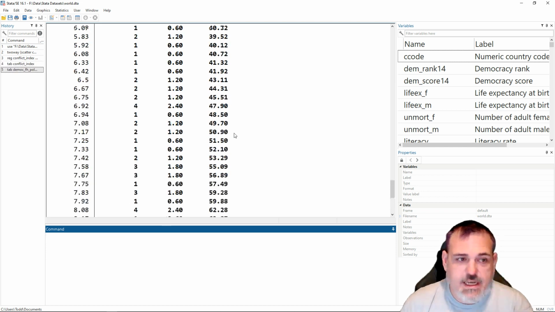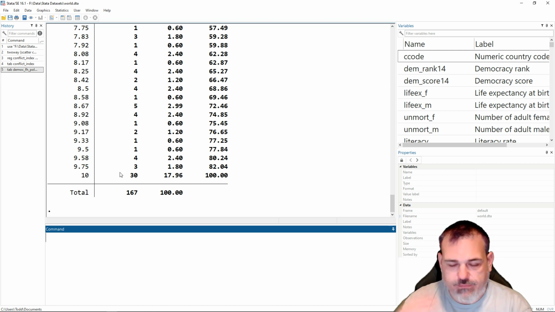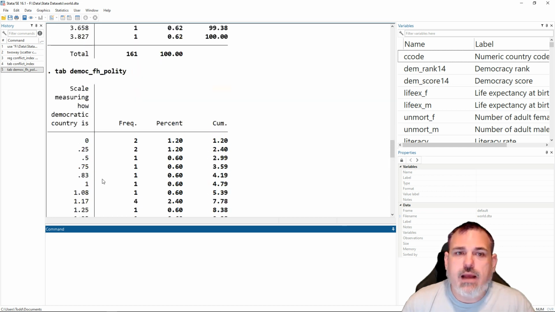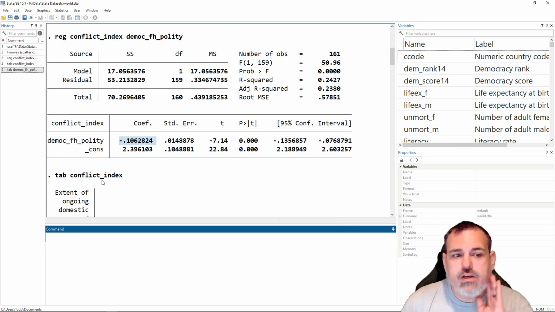So as you can see, the scale ranges from 0 to 10, 10 being fully democratic in terms of polity scores. So how would you figure out, in theory, what a country that had a 10 on the democracy score would look like in terms of its conflict interest index on average?